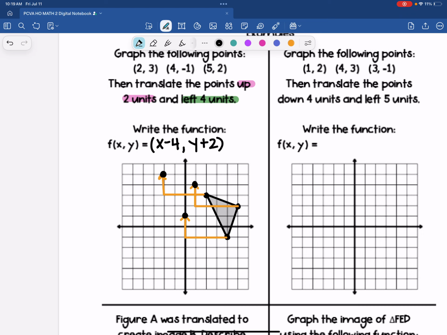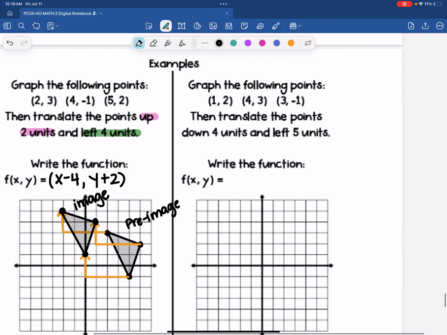Okay. And then all I have to do at that point is connect my new ones, and that's my translated image. Okay, so this would be my pre-image, and this would be my new image.